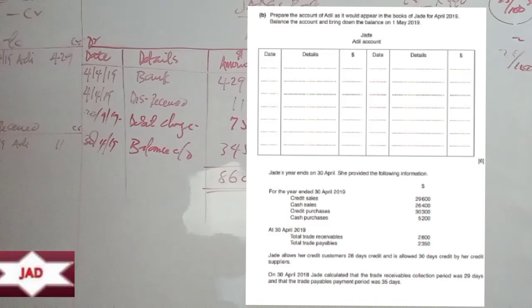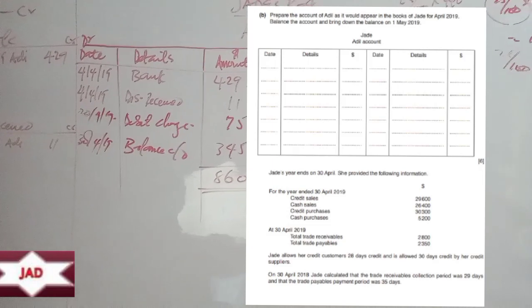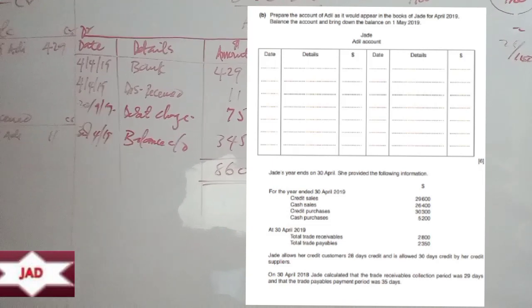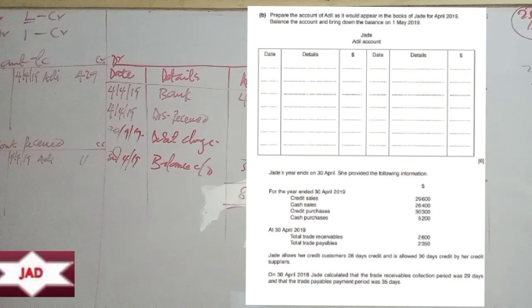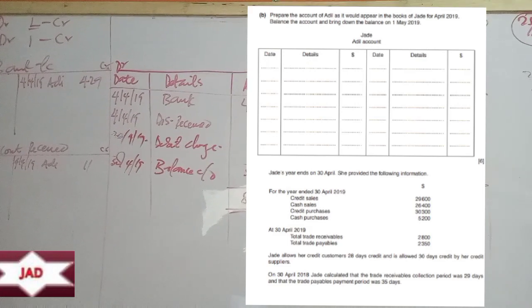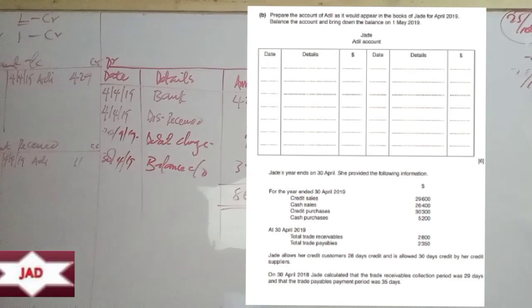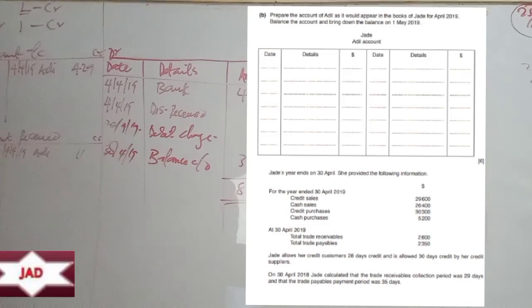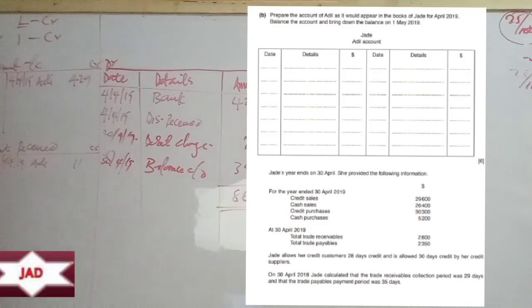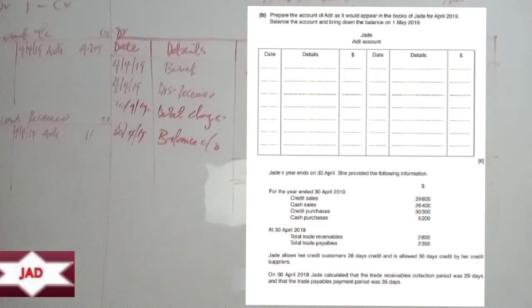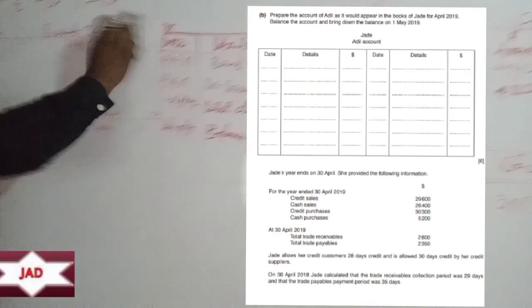So on 30th April, Jade calculated that the trade receivables collection period was 29 days and the trade payables payment period was 35 days. So they're now asking you to calculate the trade receivables collection period for the year ended 30th April 2019. Round up your answer to the next whole day. So what do we do?